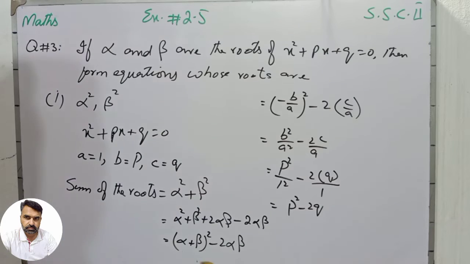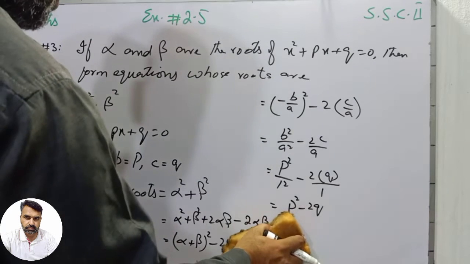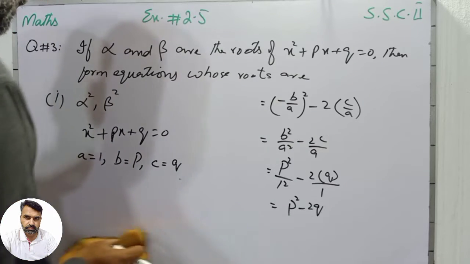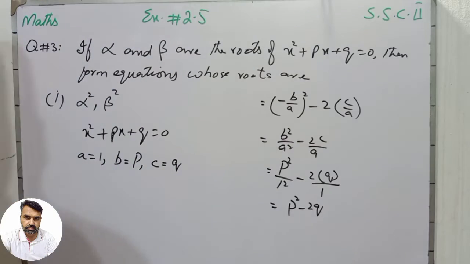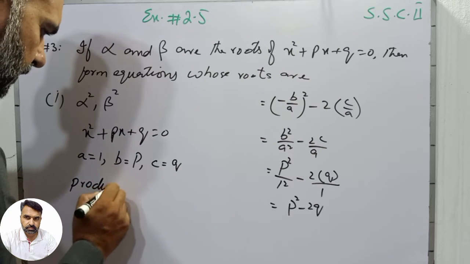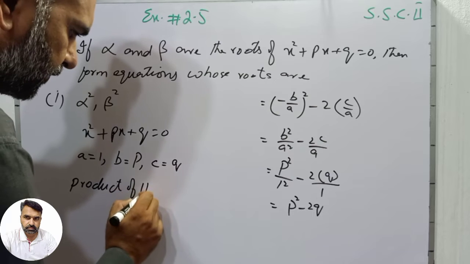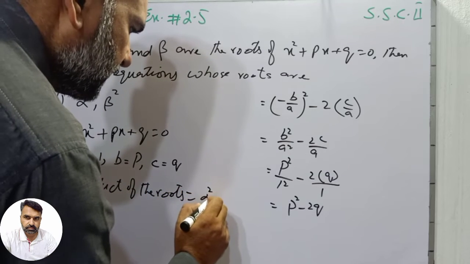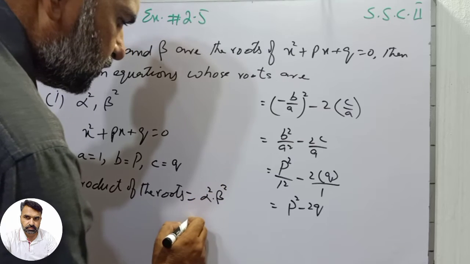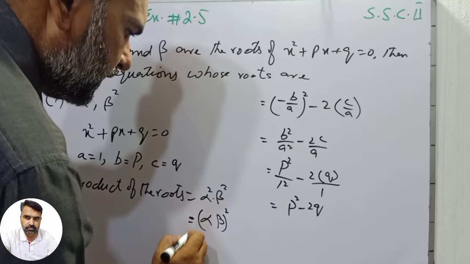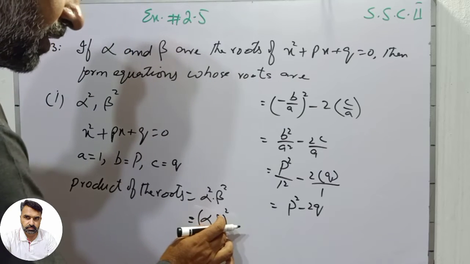Now students, we will find the product, and the product will be alpha square beta square, the product of the roots. That is alpha square into beta square, because we have to multiply both the roots, and it will become alpha square beta square, and alpha beta whole square.